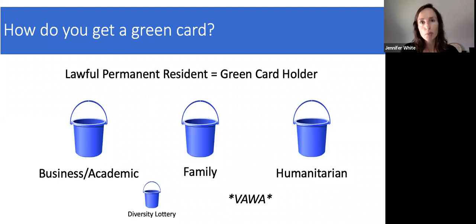When I explained family-based immigration, a common application type for that option is a US citizen husband petitioning for a non-citizen wife. When that happens, you'll notice that the husband has all the power, right? Because he's firmly planted in the US. He's a citizen. That's not a revocable status generally.